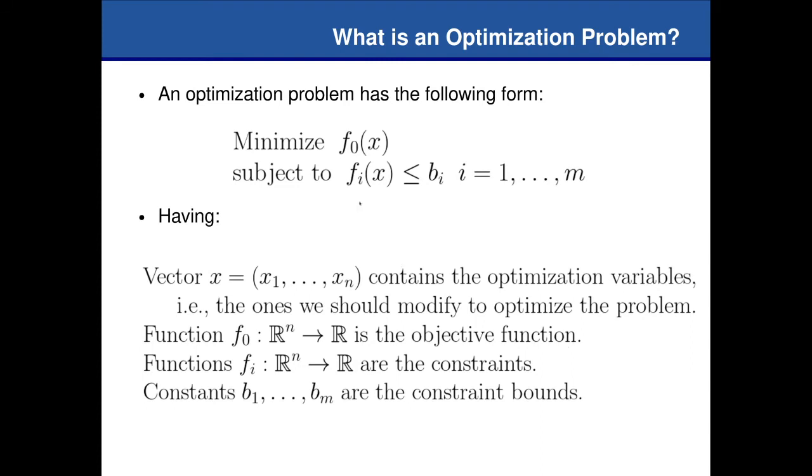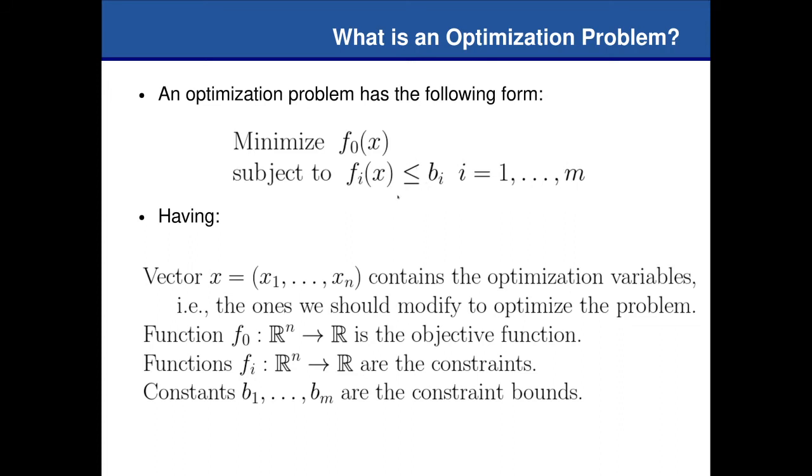Here we have the constraints, those fi functions that also receive x as input and have some bound defined over here. I'm just defining this form in terms of less than or equal to, but it could be equal to, or greater than or equal to, or just greater than or less than.